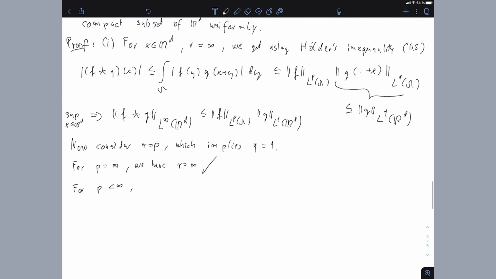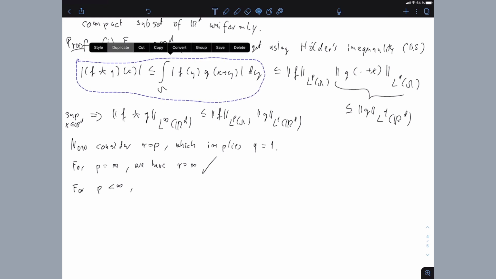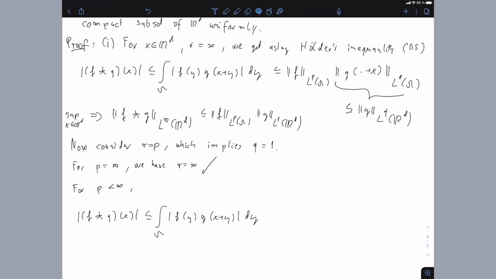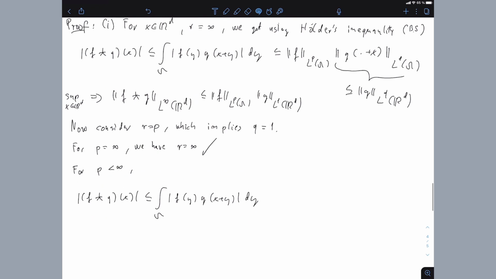And again, I will start with this. And what we do is we integrate the P's power. I take both sides to the P and integrate.